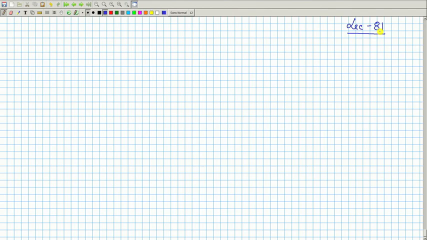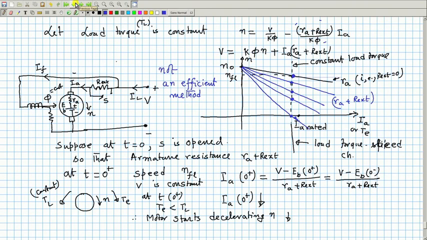Welcome to the next lecture. We have been discussing very important and interesting topics on DC motor speed control, and we have taken up first the shunt and separately excited machine.